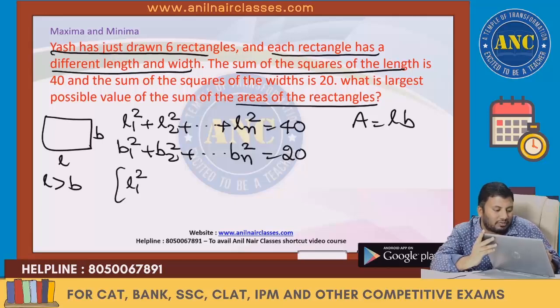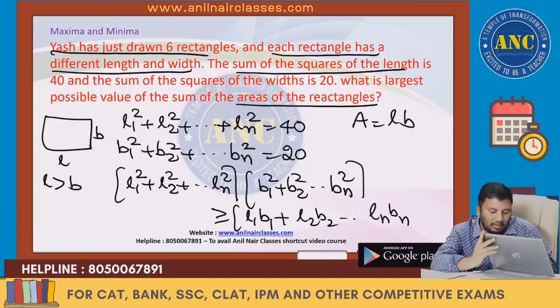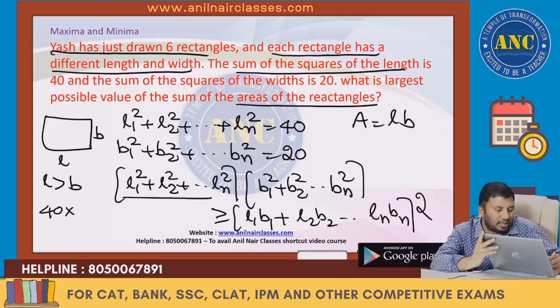Direct application of concept. (L1 square plus L2 square and so on up to Ln square) into (B1 square plus B2 square and so on up to Bn square) is greater than or equivalent to (L1 B1 plus L2 B2 and so on up to Ln Bn) whole square. So this is nothing but 40 into 20, greater than or equivalent to (a1 plus a2 and so on up to an) square.